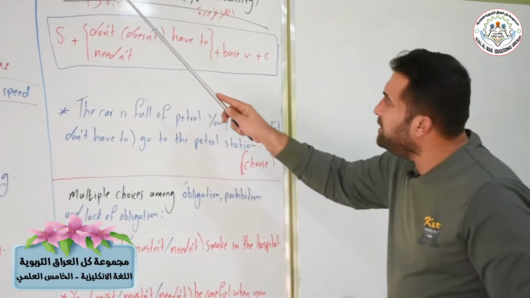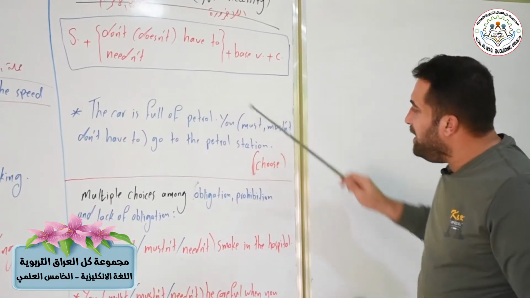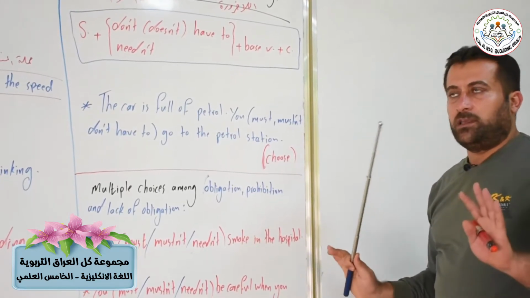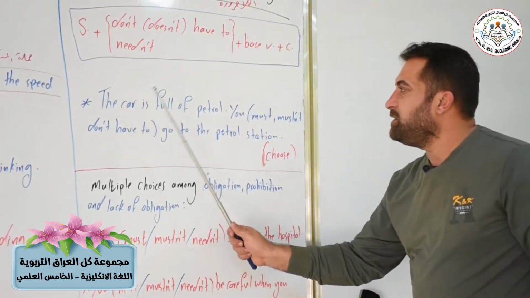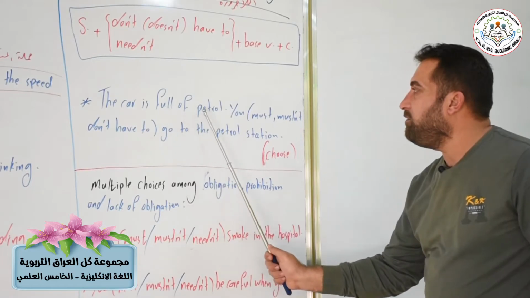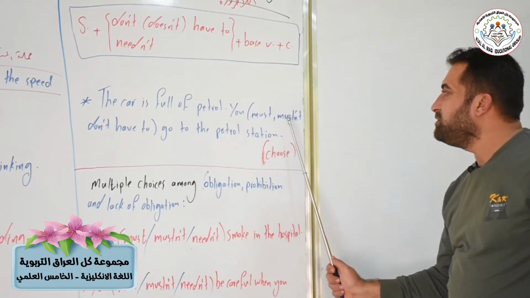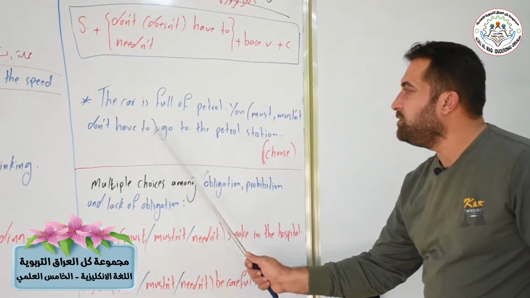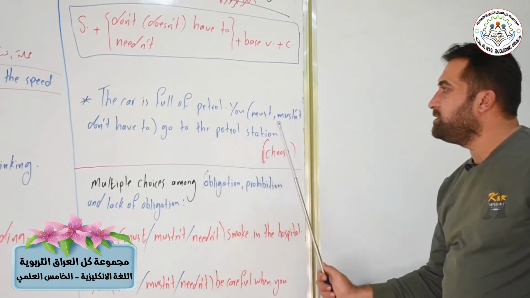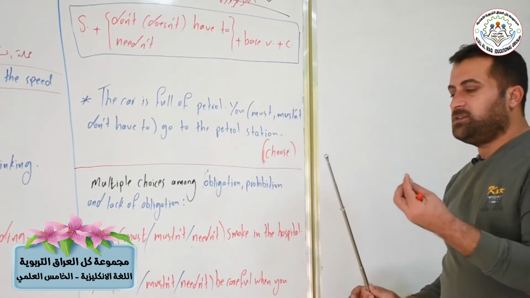This subject came as multiple choices, only multiple choices. The car is full of petrol. You must, mustn't, or don't have to go to the petrol station. The car is full of fuel, so what do you tell him?